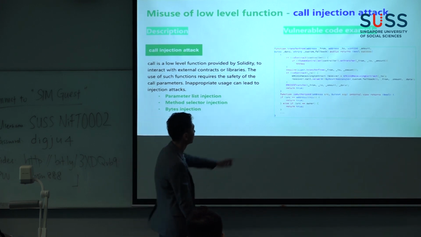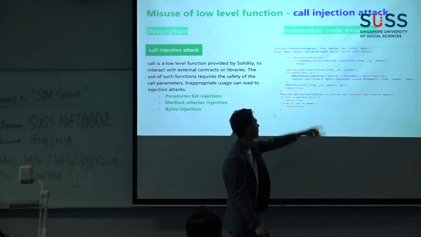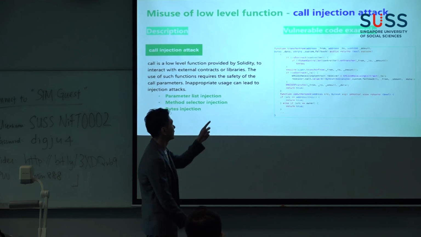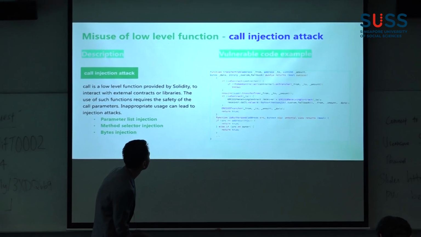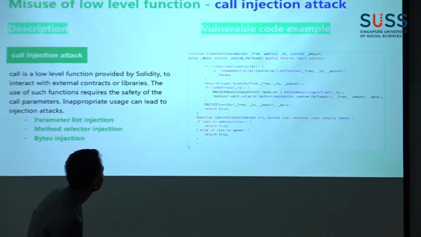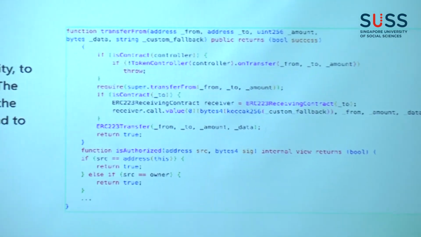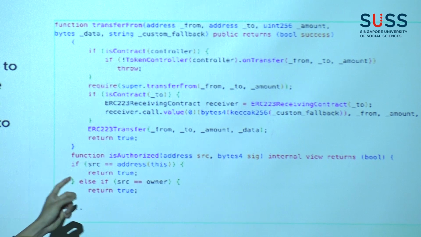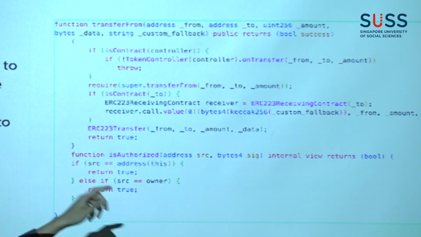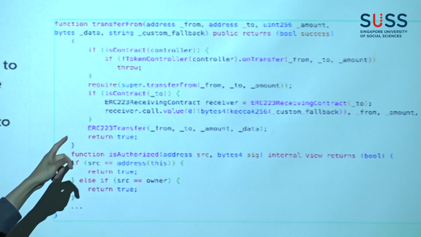And in the line here, receiver.call.value. Receiver is an instantiated interface of the address passed in by the attacker.